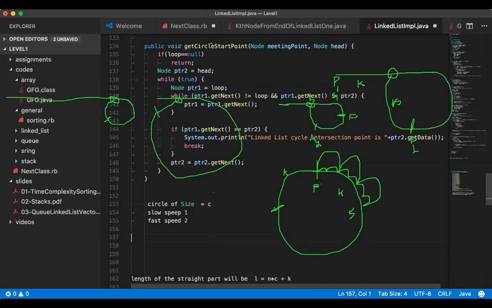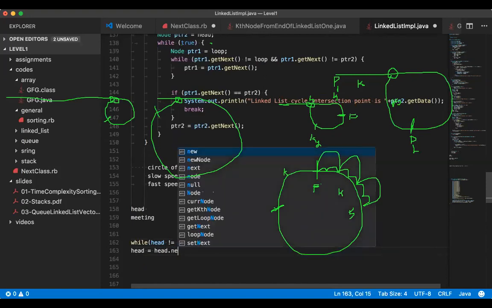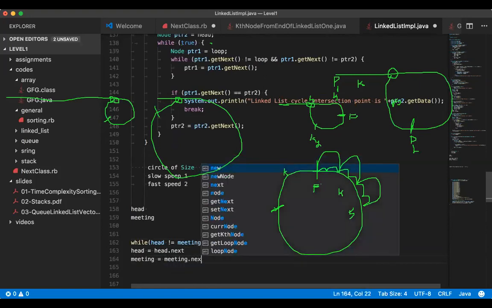What is my solution? My simple solution is we have our head equal to something, and we have our meeting point equal to something. My solution says: while head is not equal to meeting, do head equals head dot next, and meeting equals meeting dot next, and they will meet for sure.